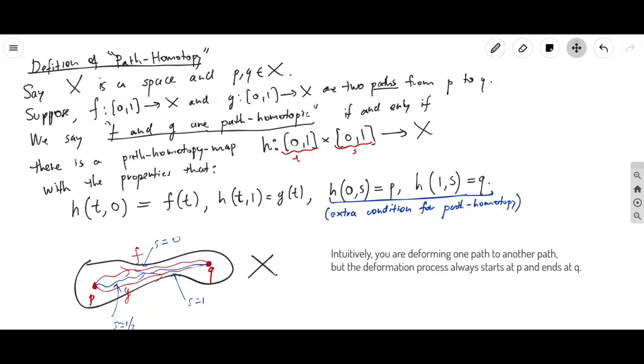Now, I want to introduce some important paths. This is actually how we're going to get a group out of this. But for now, let's introduce some notation.